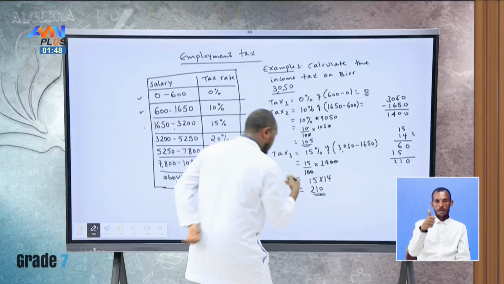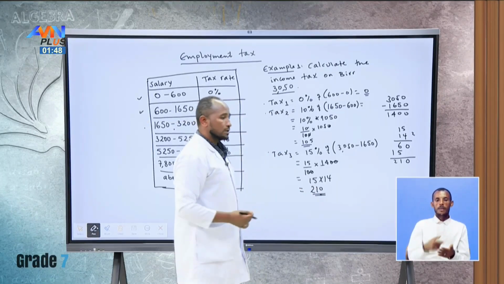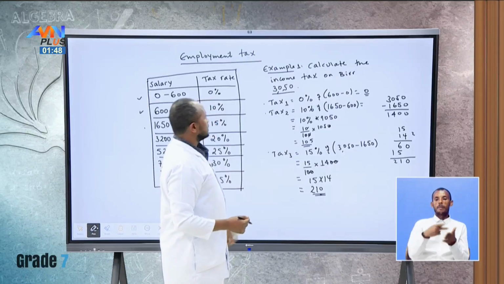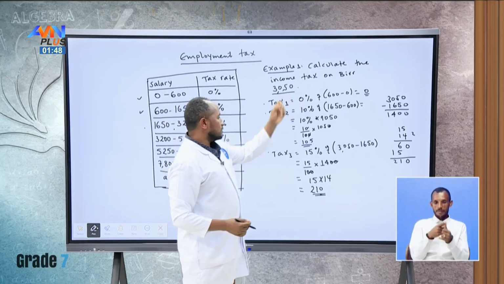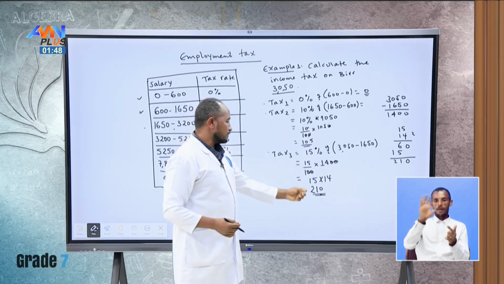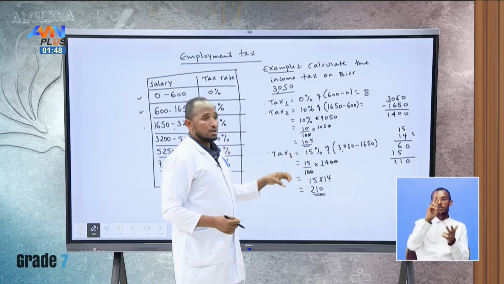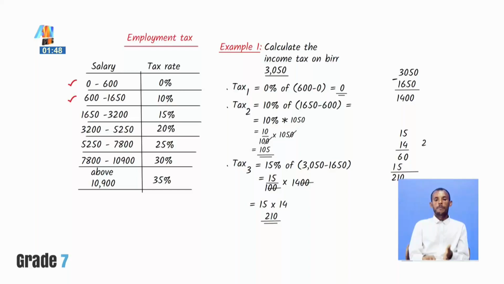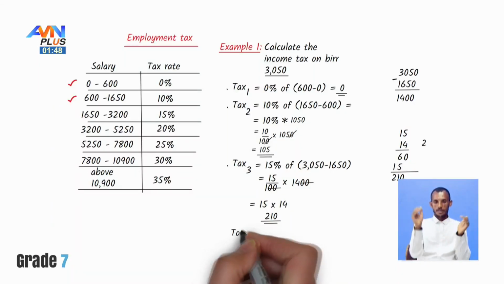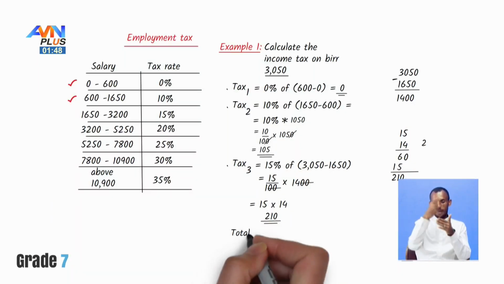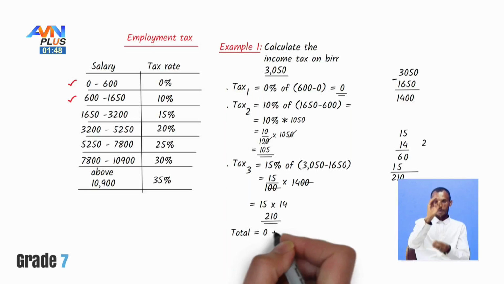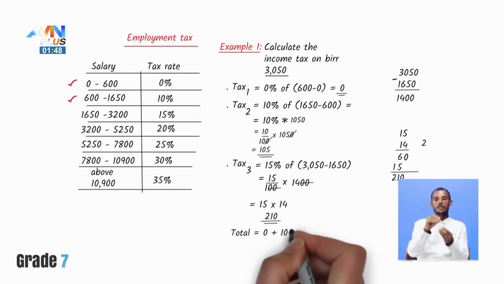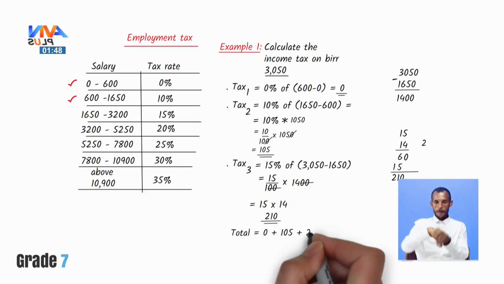210. Therefore, the total tax payable will be 0 on the first interval, 105 on the second, 210 on the third interval. The sum of these three gives us the tax that should be paid. Therefore, total tax will be 0 plus 105 for the next interval, plus 210 for the third interval.